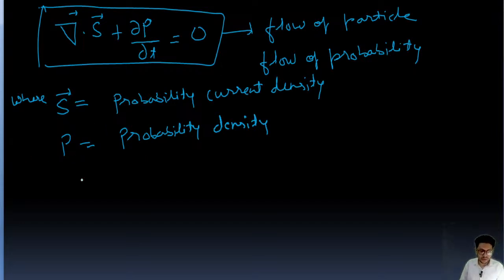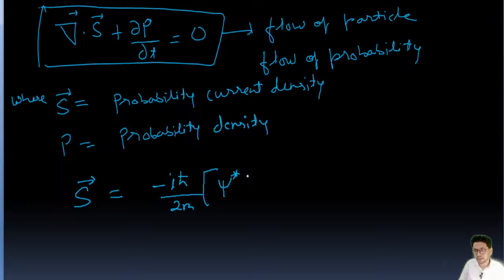Also, the value of S is very important. S is minus i h cut upon 2m, psi star gradient of psi minus psi gradient of psi star. This is a very important formula.